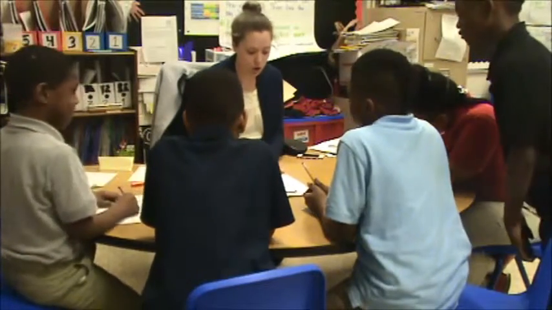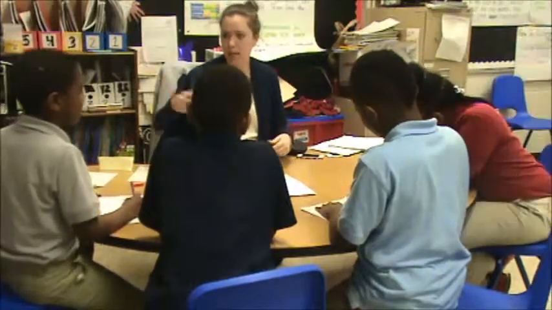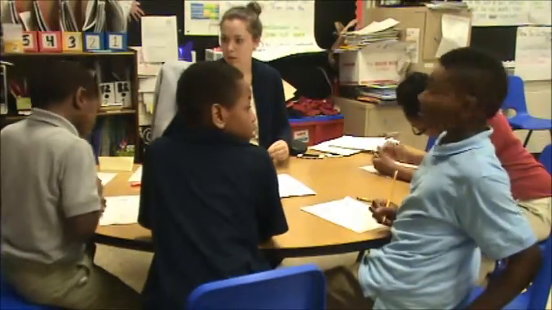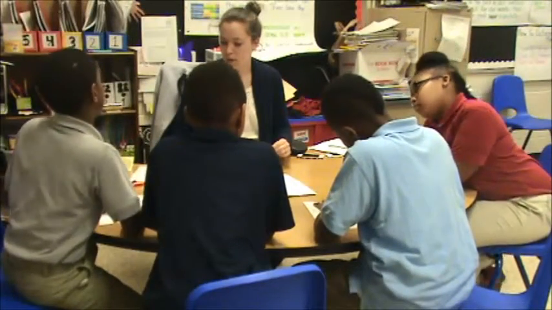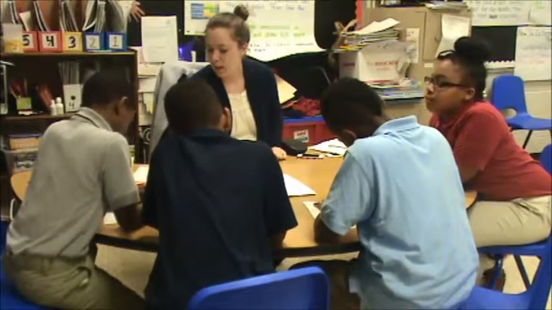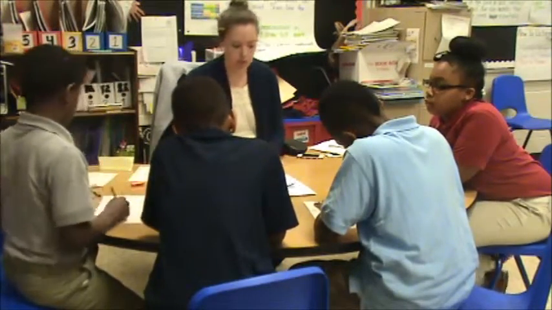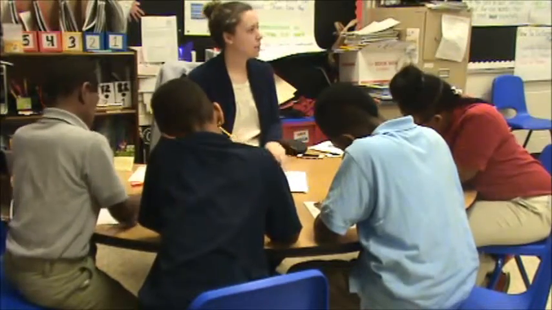Very good. My arch connects my big angle, and what is that measurement? Look at the arch. What number is next to the arch? 70. So I know that my answer altogether is going to be 70.